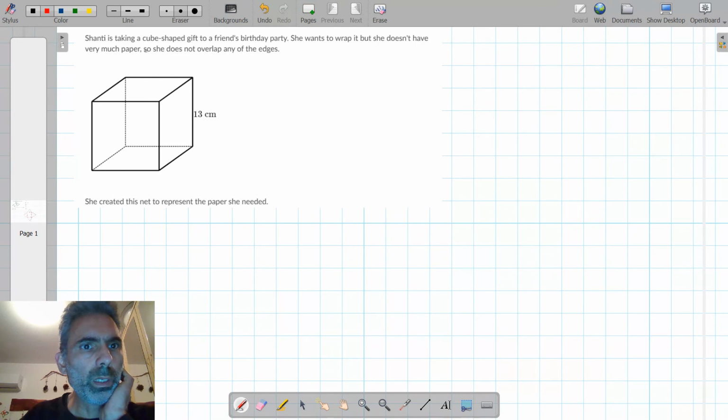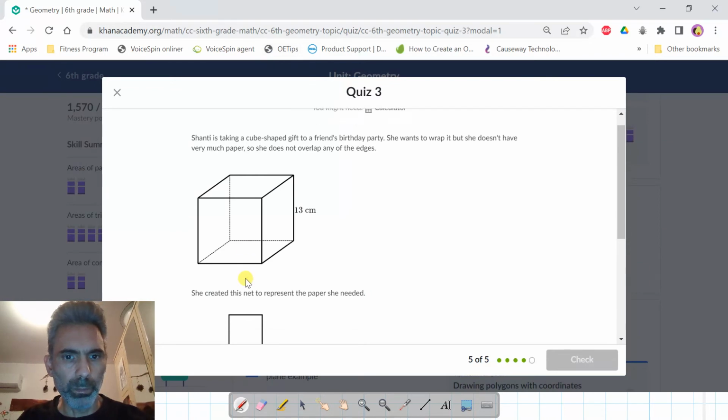Shanti is taking a cube-shaped gift to a friend's birthday party. She wants to wrap it, but she doesn't have very much paper, so she does not overlap any of the edges. She created this net to represent the paper she needed.